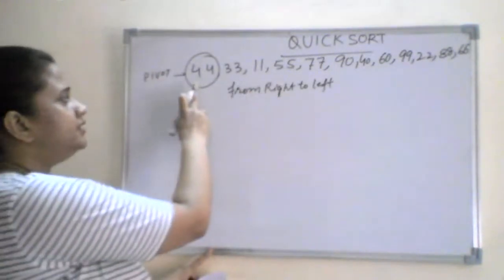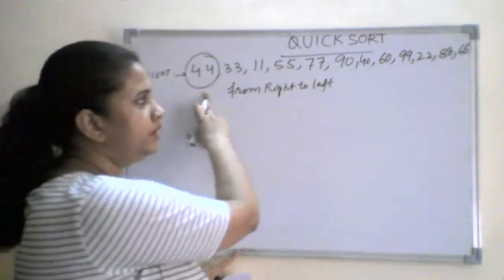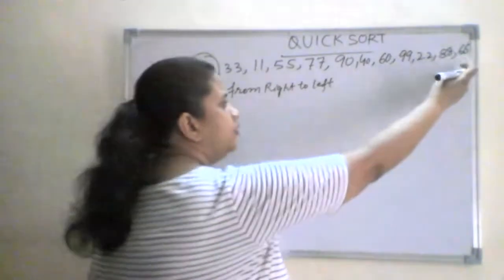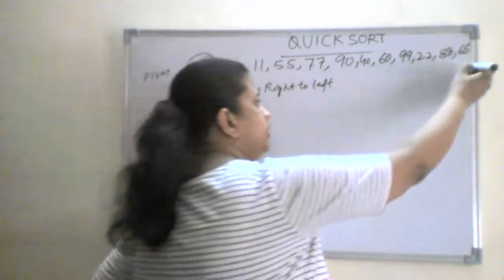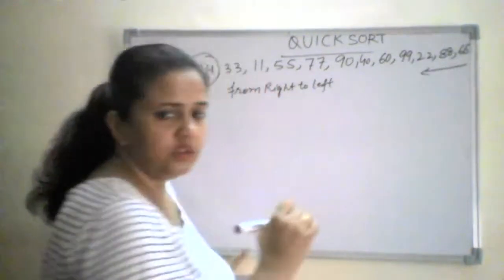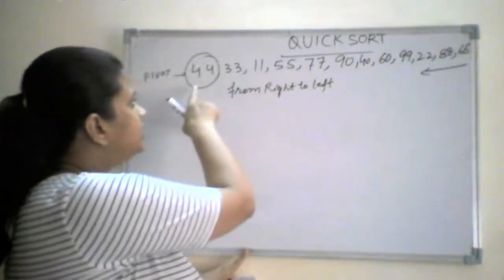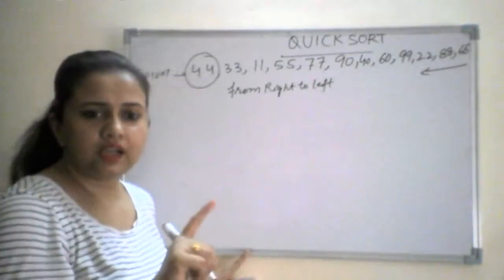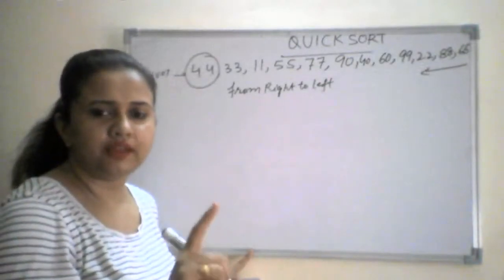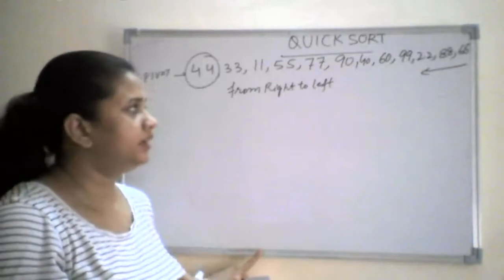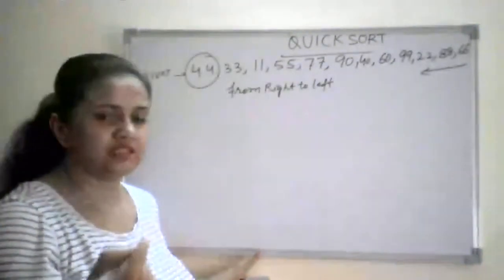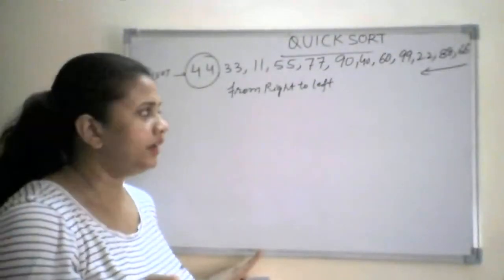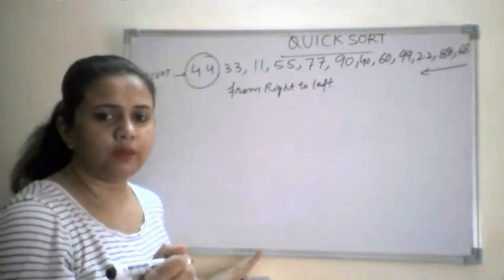Traverse means you will start comparing 44 with the elements, starting from the end of the list. So we will go this way. I will start comparing 44 with the other elements, and I will stop when I find any element which is less than 44. And then I will perform a swap on it.